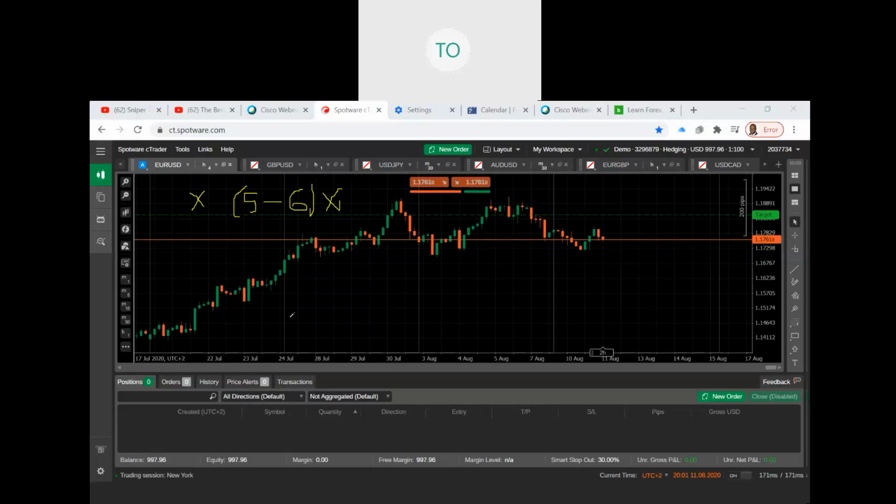Okay, so that means if you're going to trade 1 minute, then it's a good idea to check a 5 minute time frame and use it for your planning. If you're going to trade a 5 minute time frame, then it's a good idea to use the 30-minute time frame for your planning.